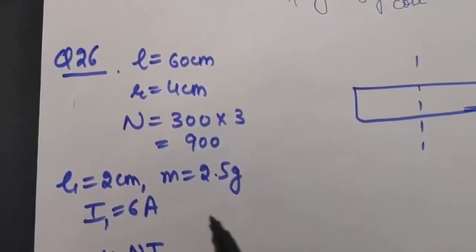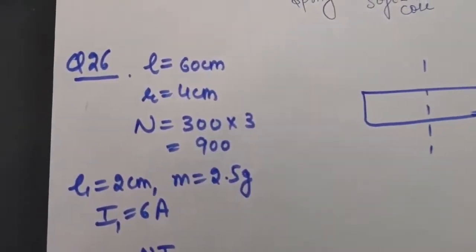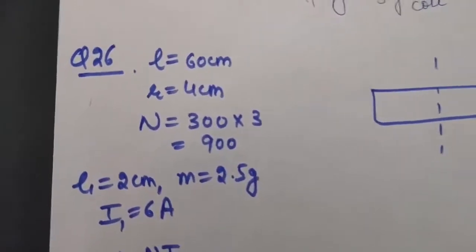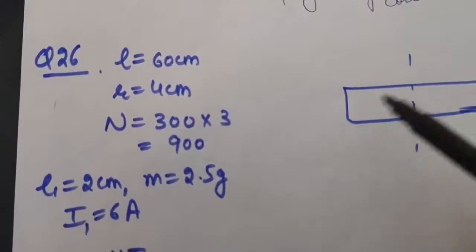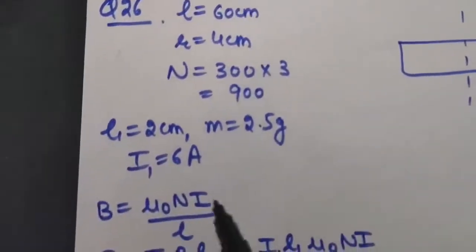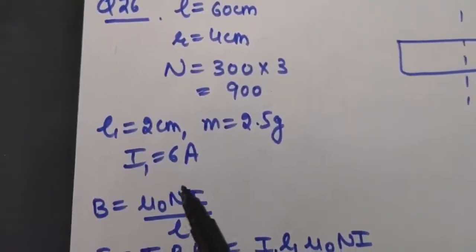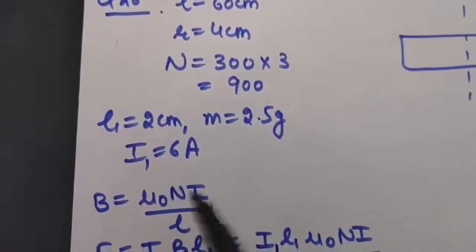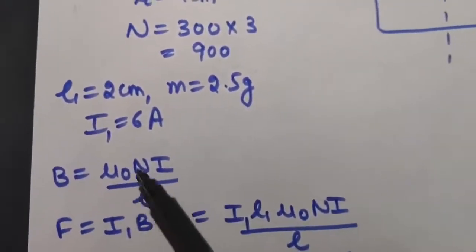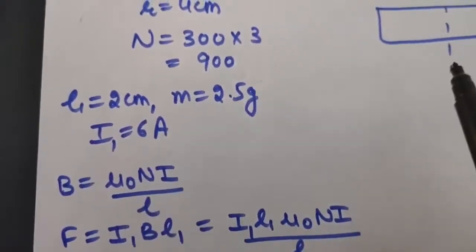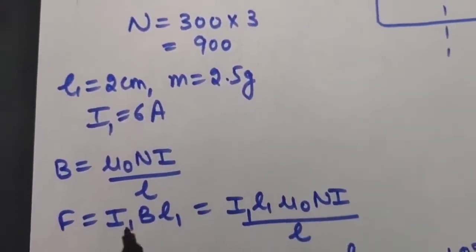Okay, so now you have to tell for what value of current in the windings of the solenoid can support the weight of wire. Okay, so as you know, because there will be some magnetic field inside the solenoid, and that value is mu naught n i or mu naught N i by L, where N is number of turns. Okay, so now, due to this magnetic field, a force will act on this wire, and that value of the force is IBL.